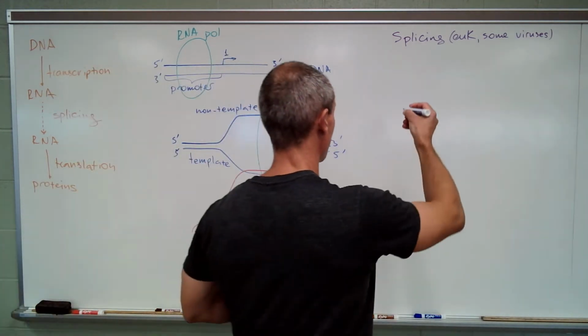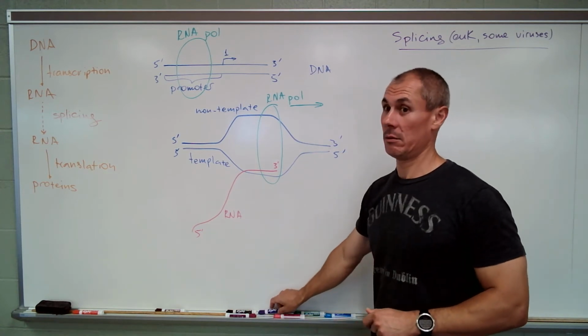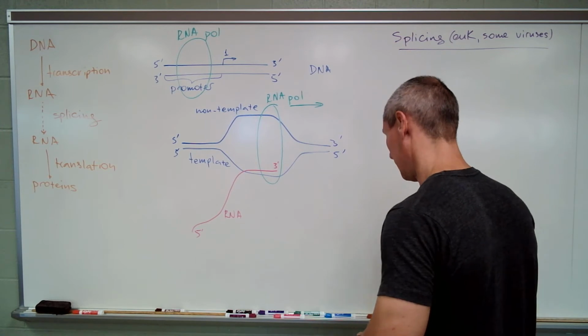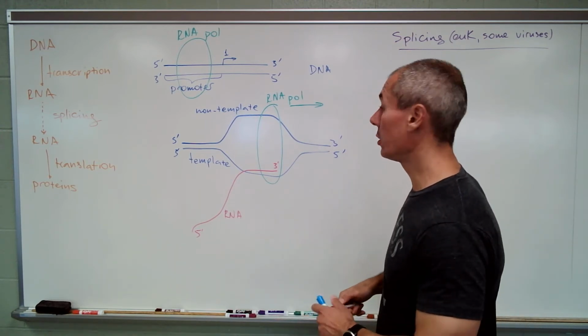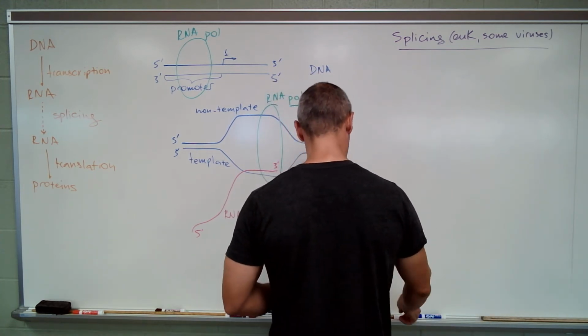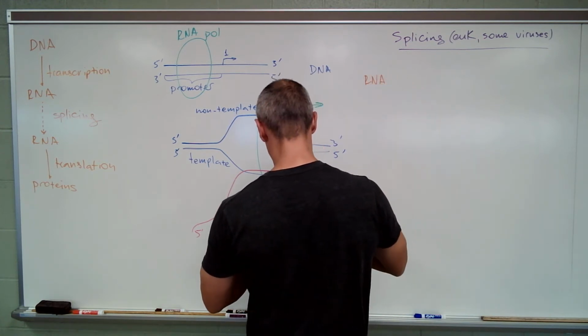So what happens during splicing? A lot. Thomas Cech got the Nobel Prize for it. But basically, you've got an RNA molecule, okay? So I've got RNA right here, right after the transcription.